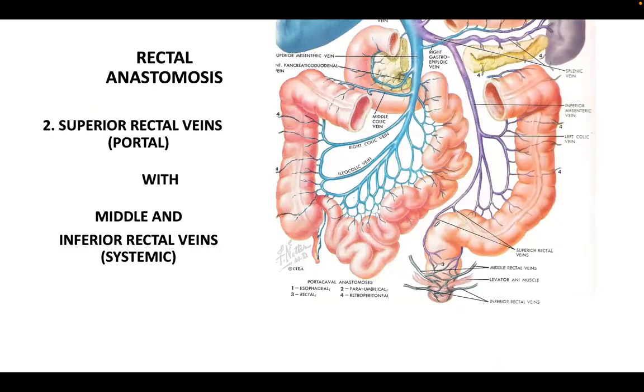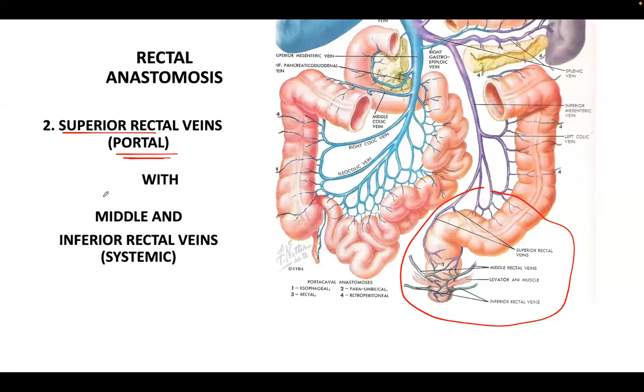Okay, now let's go to the second anastomosis. Aside from the esophagus, this is now what we call the rectal anastomosis. So here, I'm going to encircle here. Look at this. Always remember, this is now the superior rectal veins. This is the one which has communication with the portal circulation.